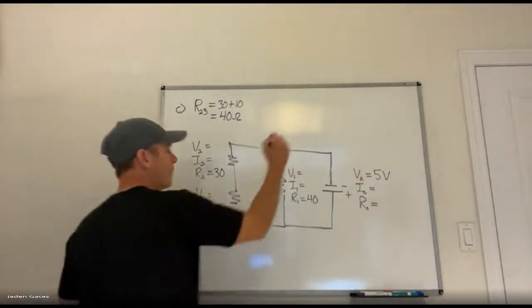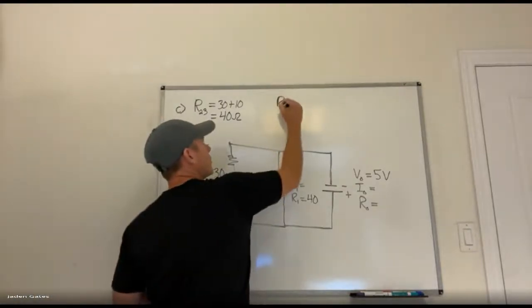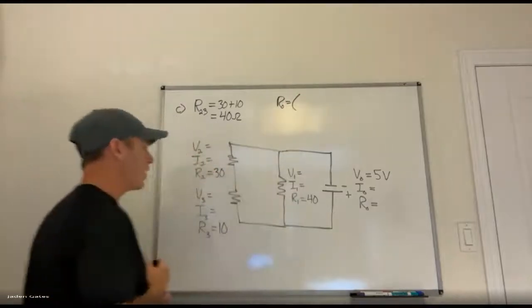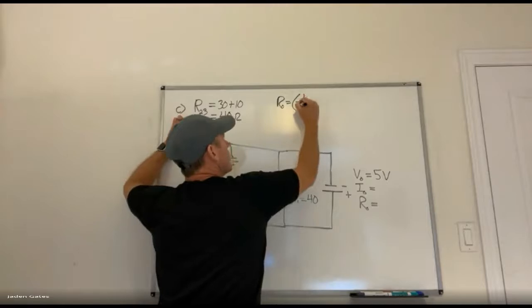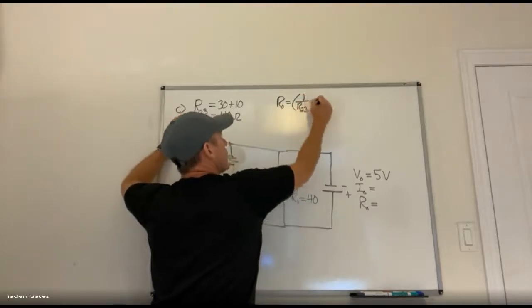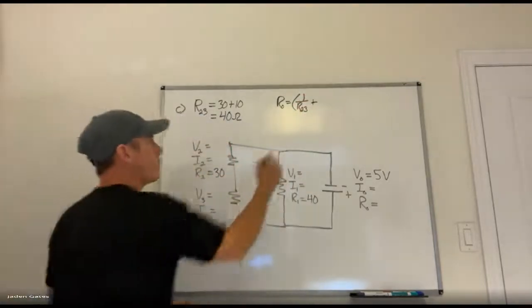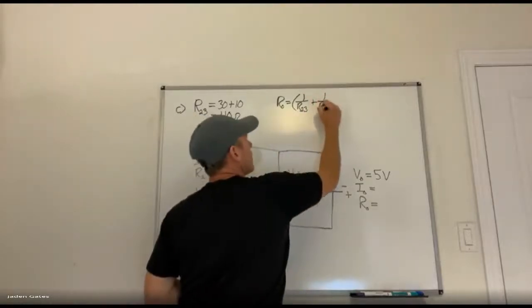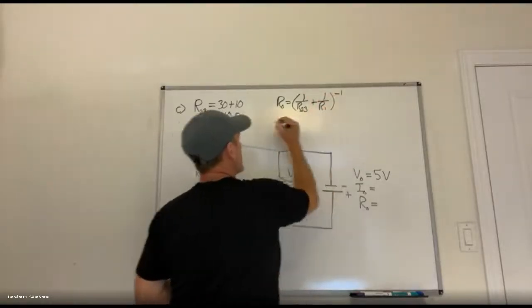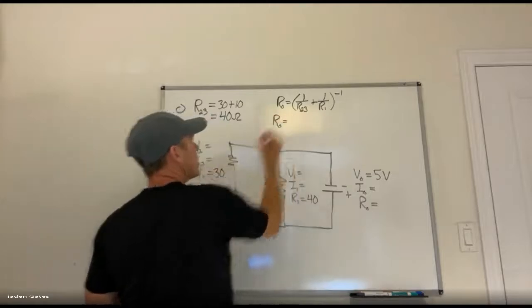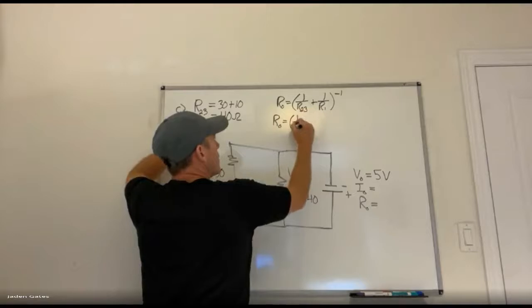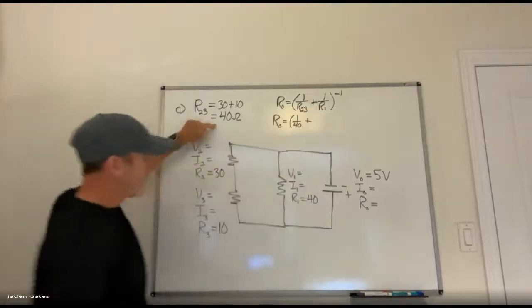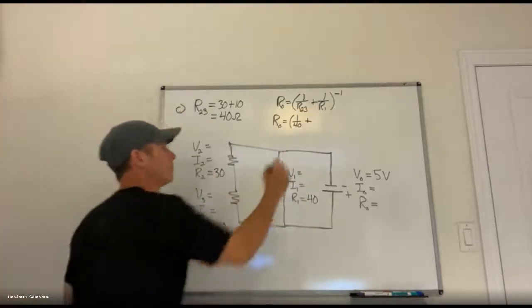So I'm going to find R0 by, again, using my parallel formula, where I take 1 over R2,3 plus 1 over R1, and again, take it to the power of -1. And so R0, let's see here, R2,3 is 40, so we got 1 over 40 plus 1 over 40.